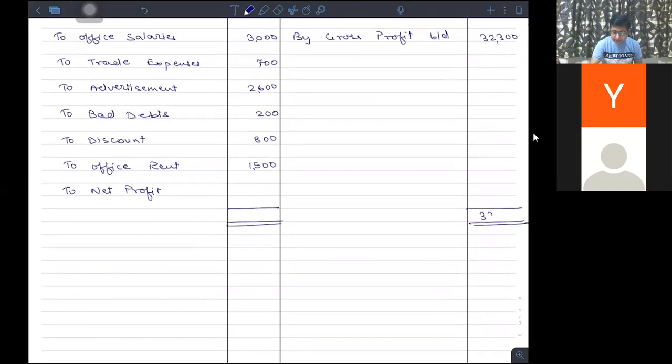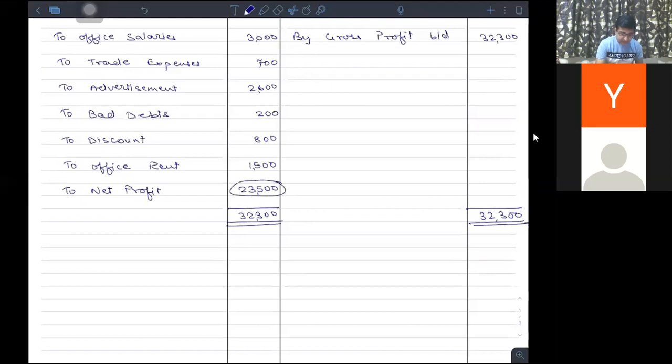So credit is 32,300. The total of debit will be taken as 32,300. From this, I'll be subtracting all the expenses, that is minus 3,000, minus 700, minus 2,600, minus 200, minus 800, minus 1,500. So 23,500 is your net profit.